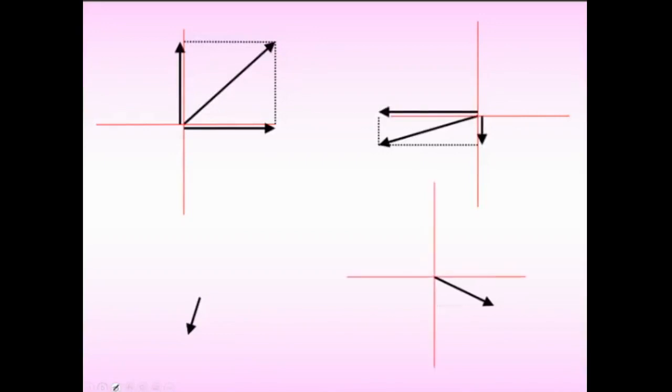Next. How many original vectors did I start with? But each one gave me how many copies or how many shadows? 2. A vertical shadow and a horizontal shadow. So how many vectors am I just going to consider now?